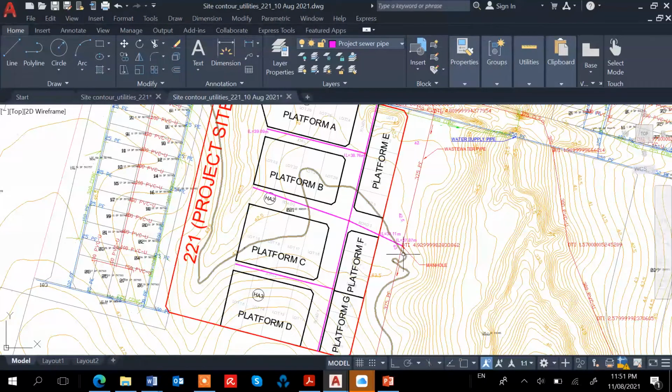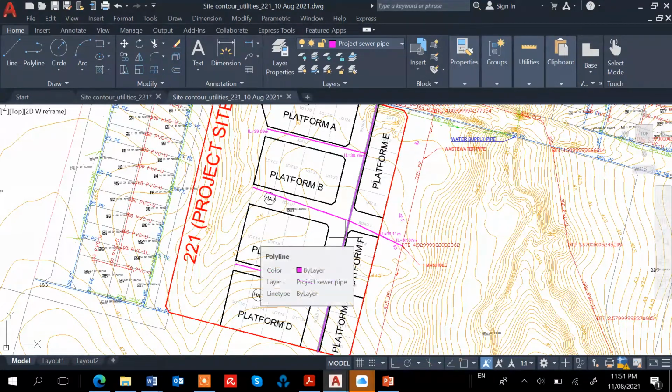Let's say if we determine to discharge this into this manhole, then we need to just draw the line. This is just the preliminary line. I think we need to fine tune it later on during the preliminary design.